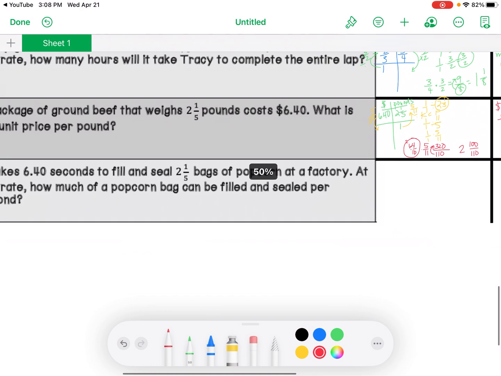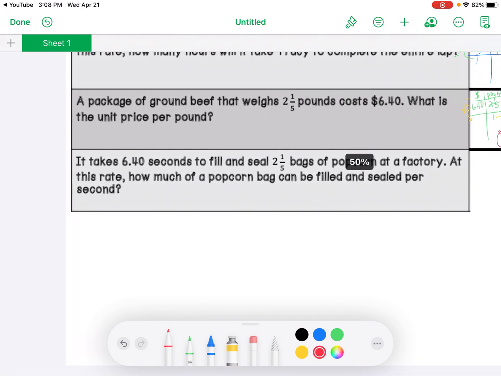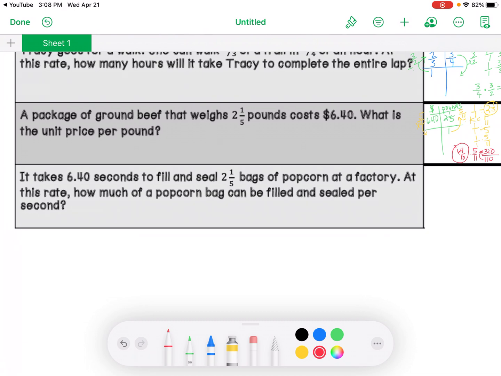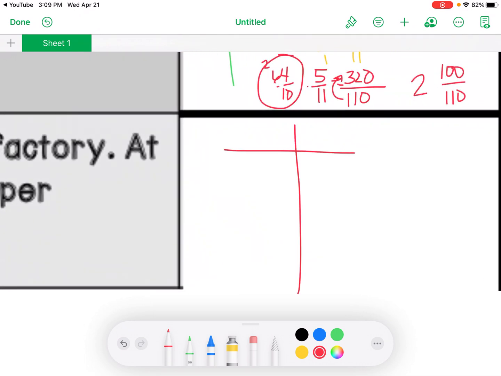Last one, it says it takes $6.40 to fill and seal 2 1/5 bags of popcorn at a factory. At this rate, how much popcorn can be filled and sealed per second? So per means for 1. So we're comparing seconds to popcorn.